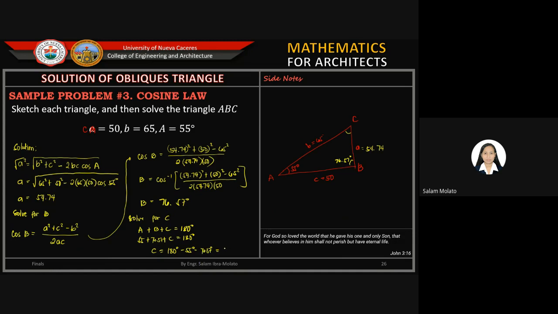So therefore, it will give you C is 48.43 degrees. Okay? All right. So these are now our final answers. We have the value of A, the value of angle B, and the value of angle C.